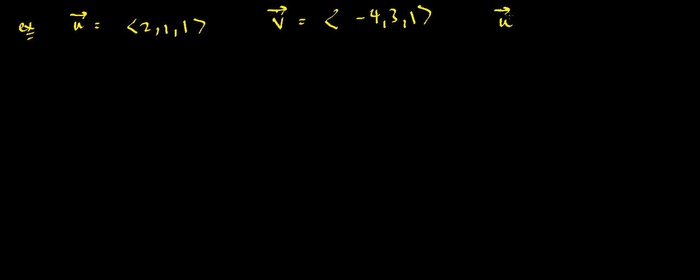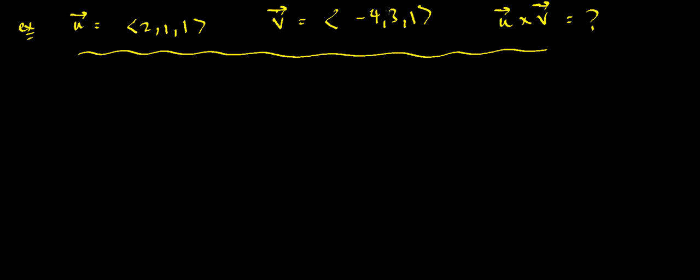Let's actually have an example and see how to compute the cross products. Given vector U with the components 2, 1, 1, vector V with the components -4, 3 and 1, we want to find U crossed with V. Okay, so we're going to use the formula I just gave you.